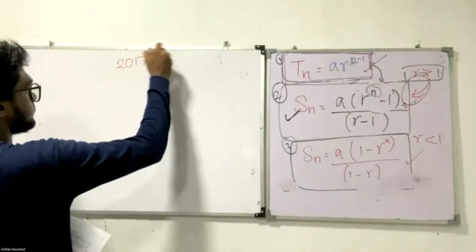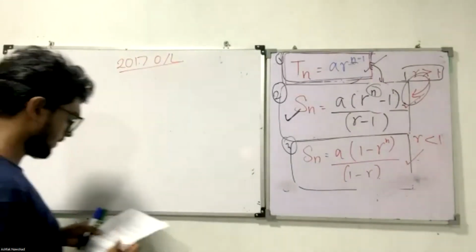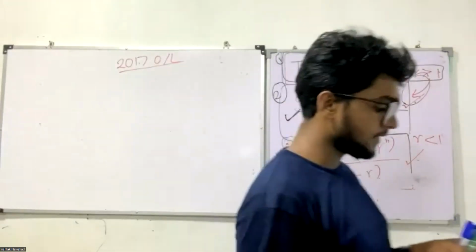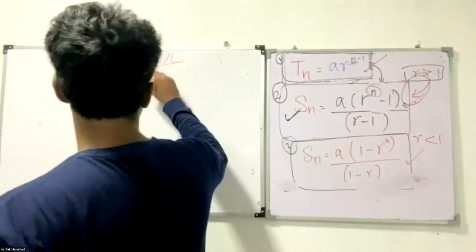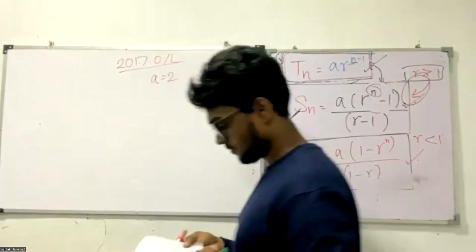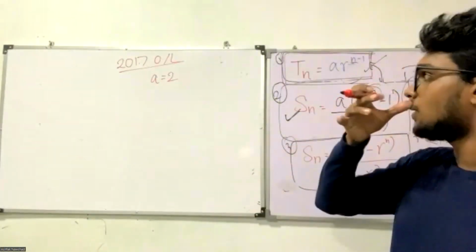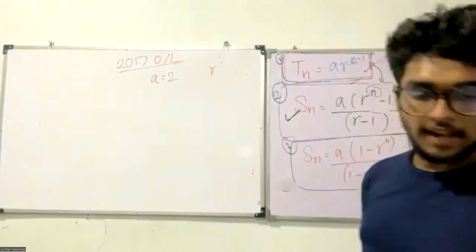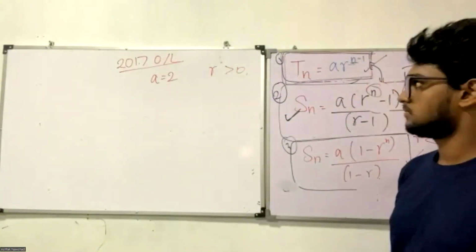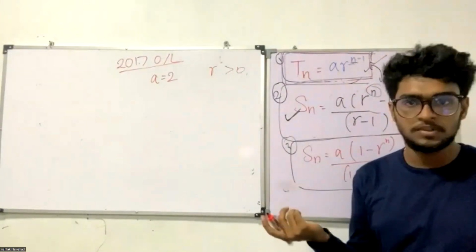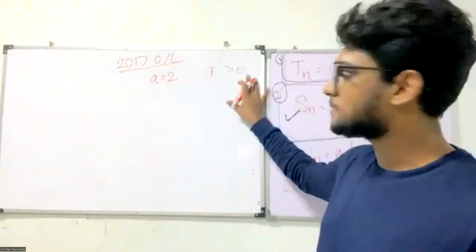2017 O level. What are they saying? The first term of a geometric progression is 2. And the common ratio, they haven't given a value, but they say the common ratio is positive. We still don't know the value of the common ratio, but they say it's positive.